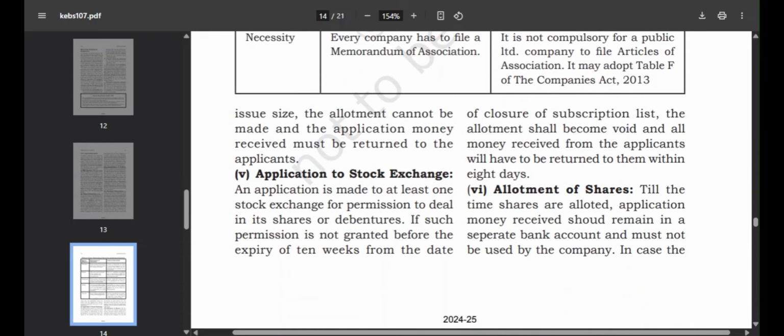Last step is allotment of shares. Till the time shares are allotted, application money received should remain in a separate bank account and must not be used by the company.